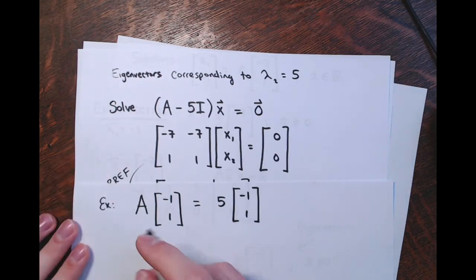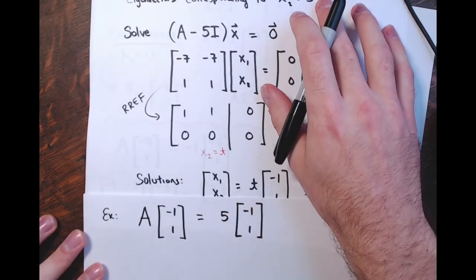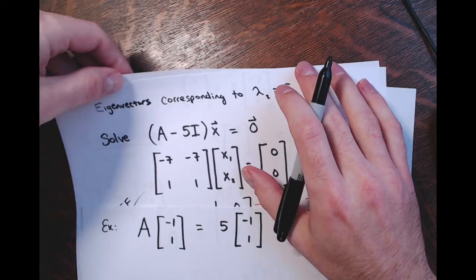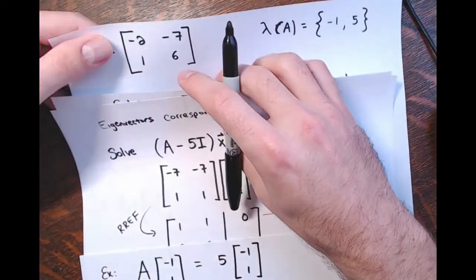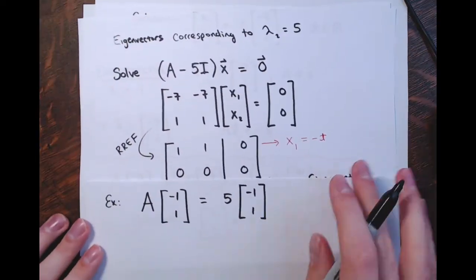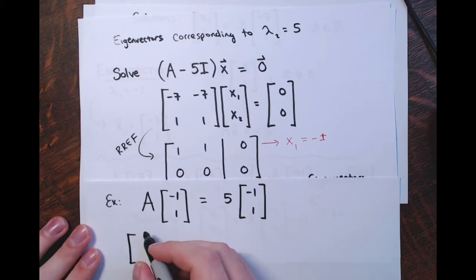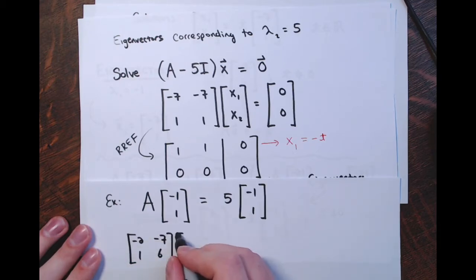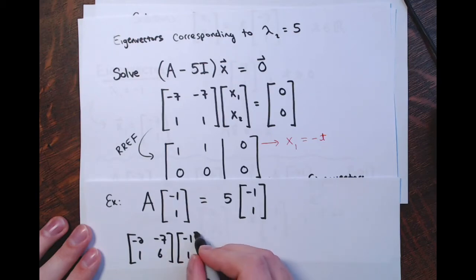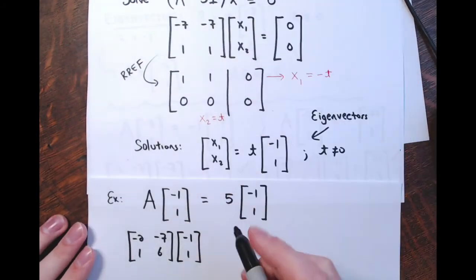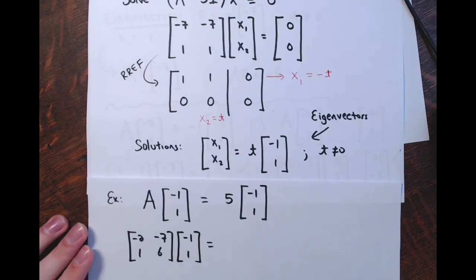Well, let's see. What was matrix A? I already forgot. Matrix A. So A is this negative 2, negative 7, 1, 6. Multiply it by negative 1, 1. And you see that I should get negative 5, 5.